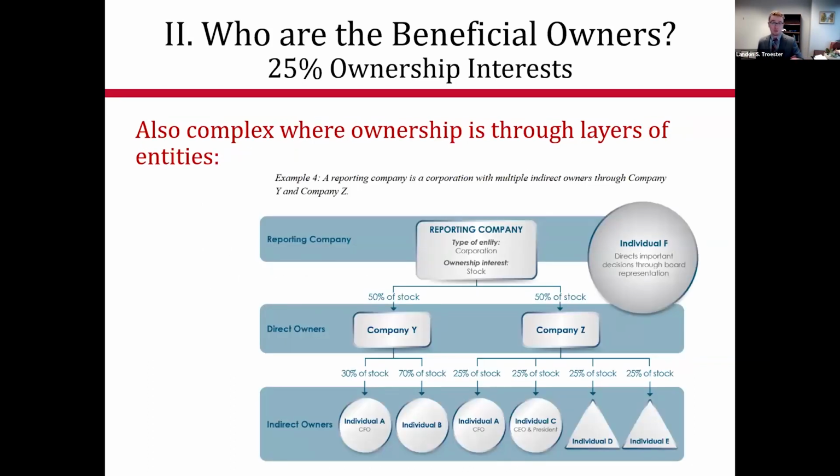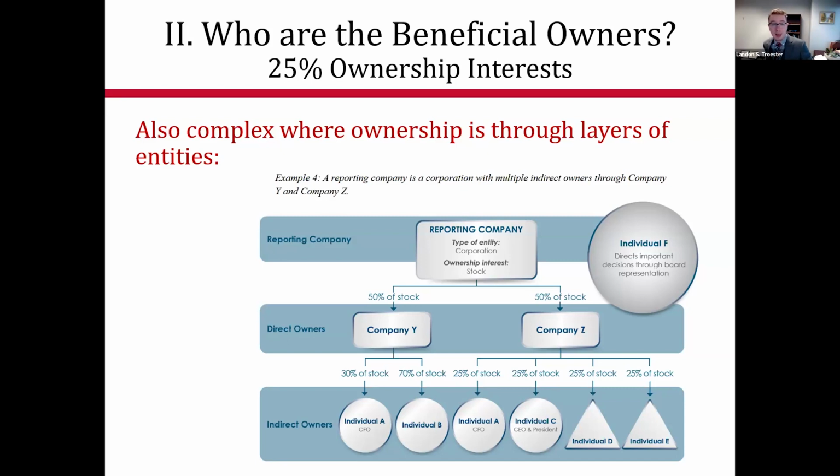This is pulled from the Financial Crimes Enforcement Network's guidance and small business guide. And we have an ownership structure here that I think is going to be typical of your complicated questions. You have the reporting company at the top, a basic corporation issuing stock. We're just dealing with common stock here. Its direct owners are company Y and Z. And its indirect owners are the five people at the bottom.